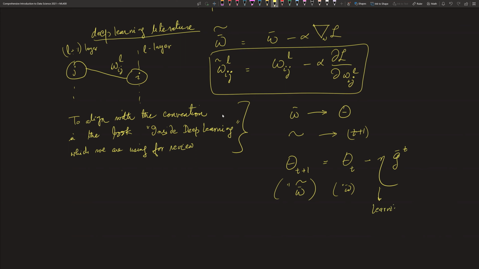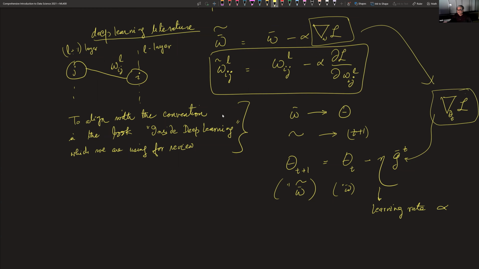Yeah, this used to be the learning rate, alpha. And what is this guy, this GT? This is basically our gradient with respect to theta t of the loss, isn't it? In our language, this is the gradient of this part, if you replace your W with theta.